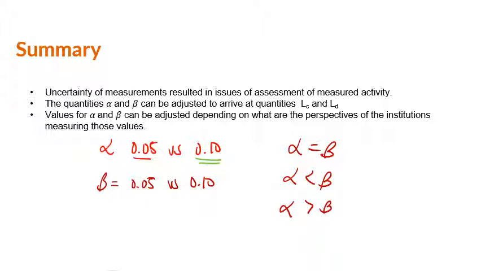So, what do you think are the reasons kung bakit ang isang institution pipiliin yung pag-adjust ng mga values na ganyan? So, I will ask you to submit an essay or on a number of questions on the reasoning behind choosing levels of significance ng alpha natin and beta.